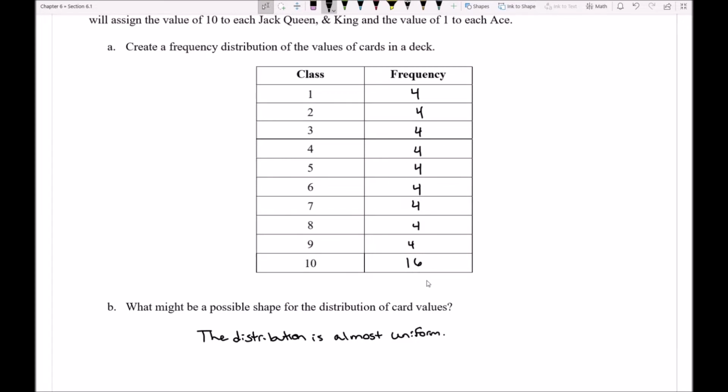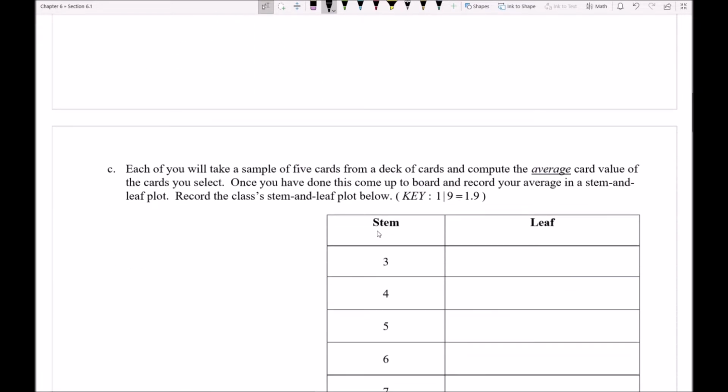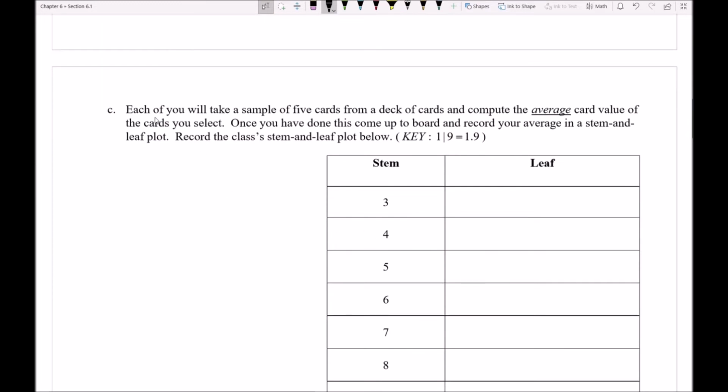It's so close. Okay, well, if this is my population and I'm going to start to grab sample averages, I'm going to try to conduct a particular experiment. Let's take a look at what we have. On the next page here, I'm going to ask that we imagine what it would be like to take a sample of 5 cards from a deck of cards and compute the average card value out of the ones that we select.